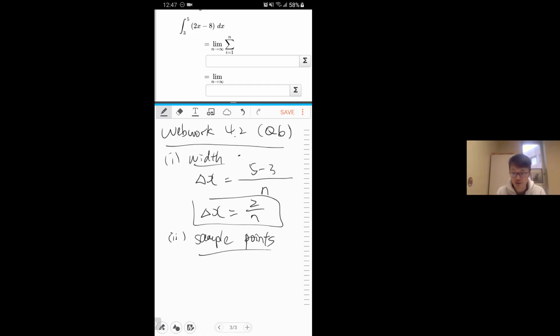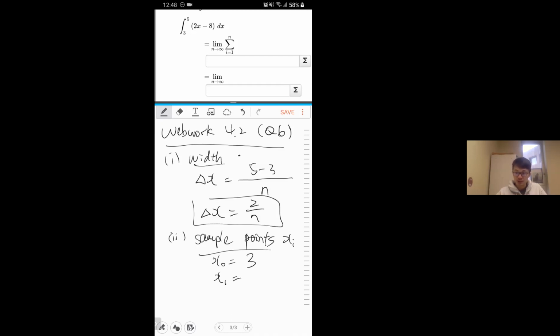The second thing we want to do is to find the sample points xi, where i goes from 1 to n. Let's start with x0. What is the initial point, the starting point? 3. By the way, the starting point should always be the lower limit.